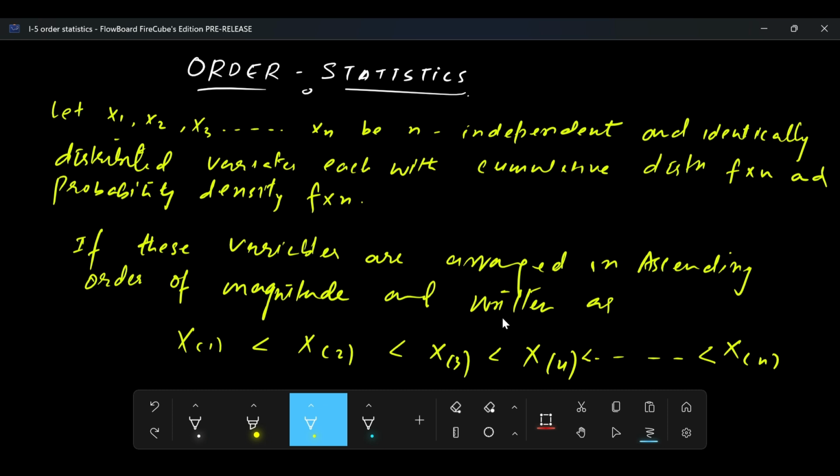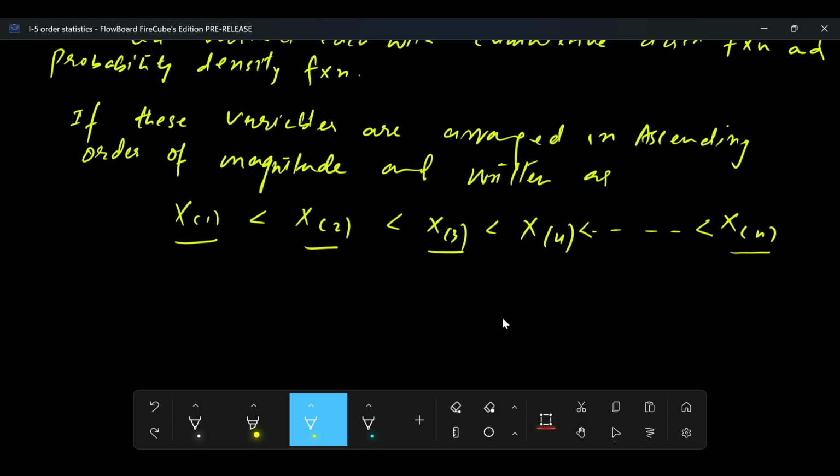See, if we have the random variables which are IID with cumulative distribution function and probability density function, then the variables are arranged in the ascending order of magnitude and they are written as: x1, which is called the first order statistic, is less than the second order statistic, is less than the third order statistic, is less than the nth order statistic.